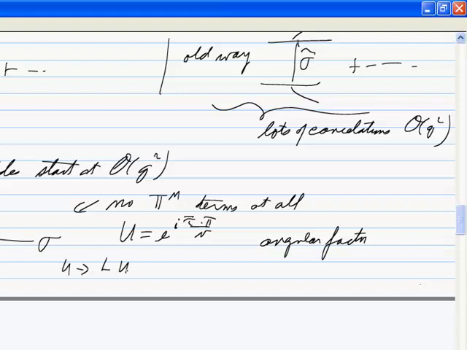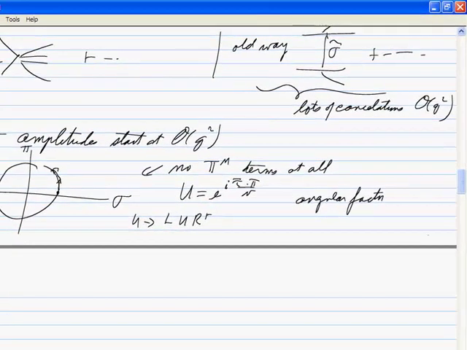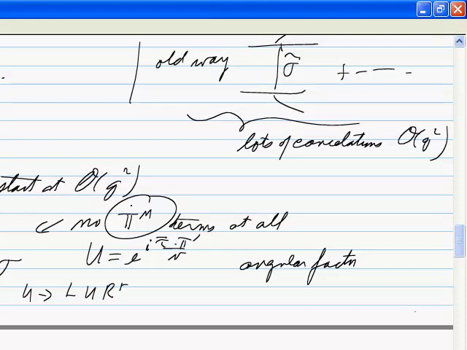U goes to L U R dagger. So the symmetry is still there, but basically these pions here aren't just that direction. They're the angular factor. So if I was trying to draw it, the pi primes which enter into there are the ones that rotate in the symmetry direction exactly. They keep the symmetry. So you can't have any of these terms, because the Hamiltonian for constant values of the field all has the same energy.